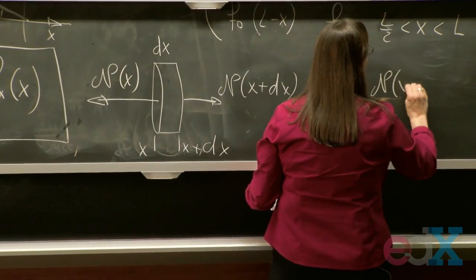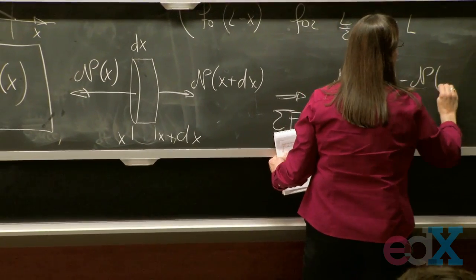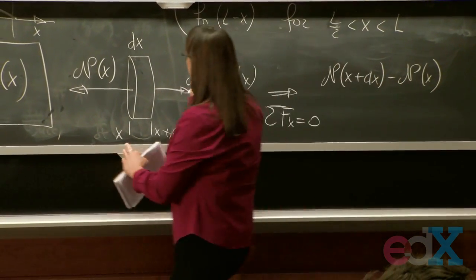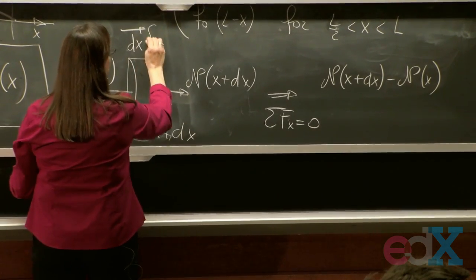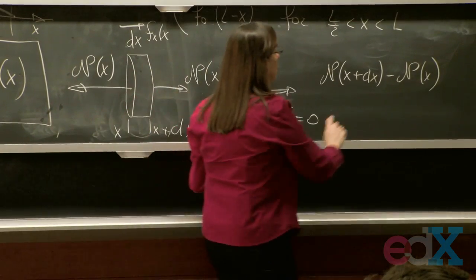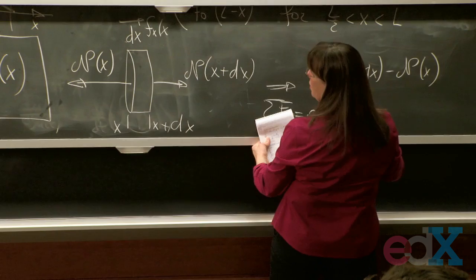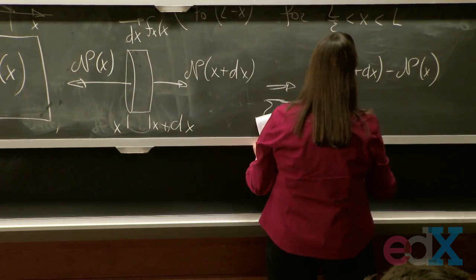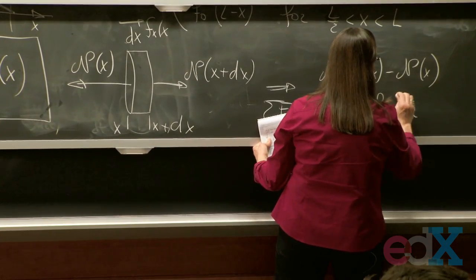I find n of x plus dx minus n of x. And now here I have a distributed load fx of x on these things, is going to be equal to minus, because this sums again, minus fx dx.